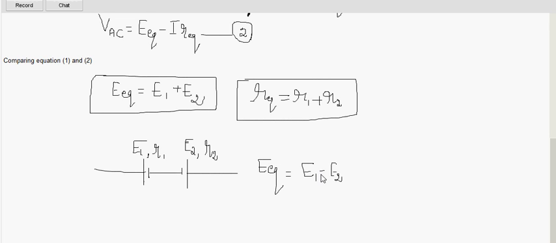So the rule for series combination is clearly: the equivalent EMF of a series combination of n cells is the sum of the EMFs of the individual cells, and the equivalent internal resistance will be equal to the sum of the internal resistances of each cell.